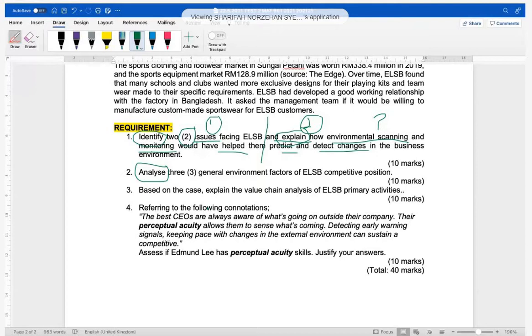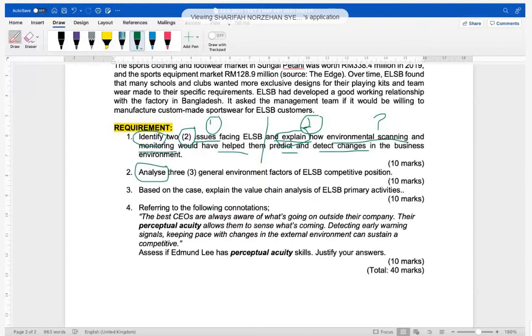Identify is just to state. Explain has to be in detail. So identify meaning just state the issue, and explain is in detail.